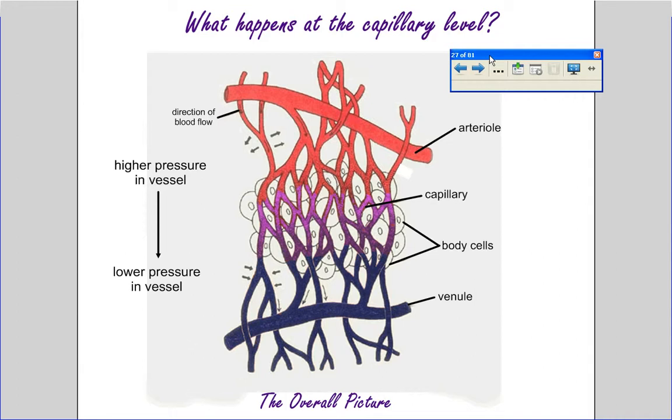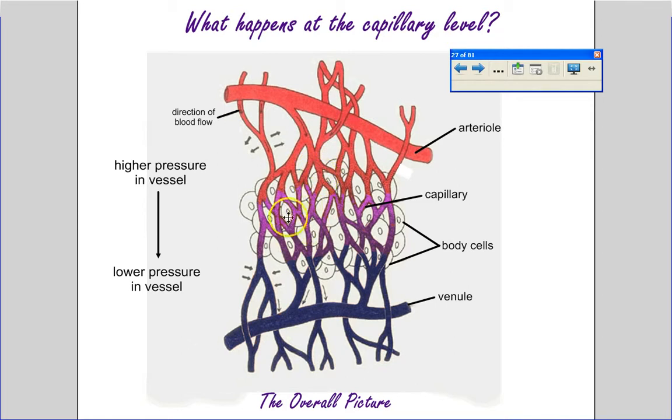So when it reaches the capillary level, on the artery side, where the blood is coming into the capillary area, it's under a high amount of pressure because it's still receiving the push from the heart. As it goes into smaller and smaller vessels, that pressure gets even higher. So there's a super high pressure right here on the arteriole side of the capillary bed.